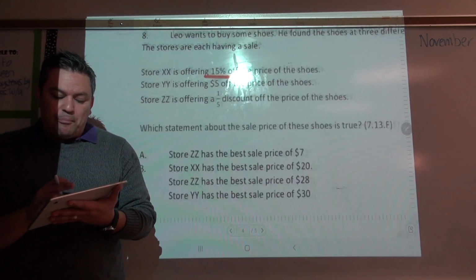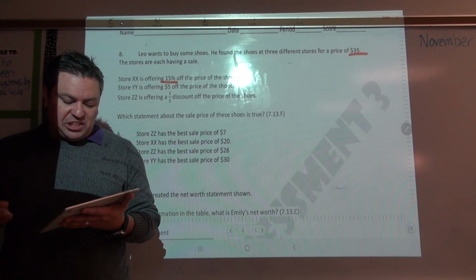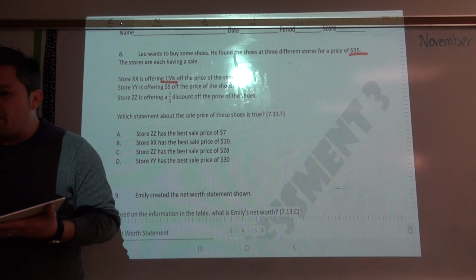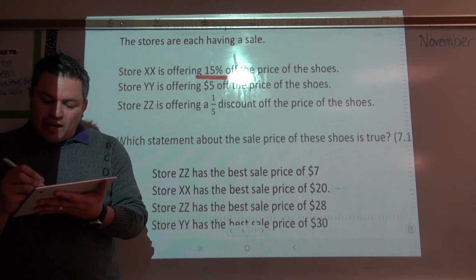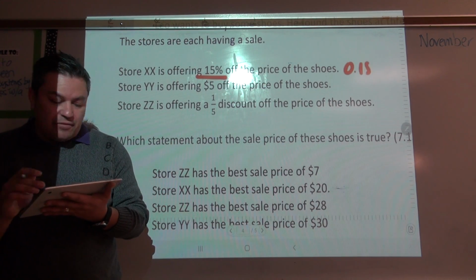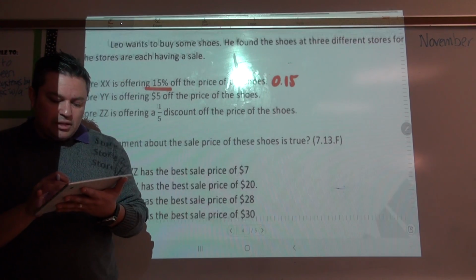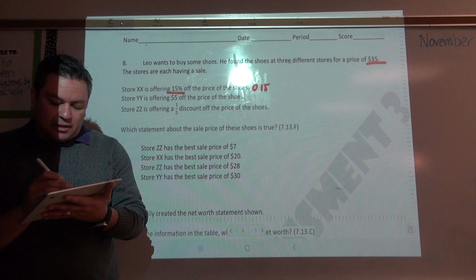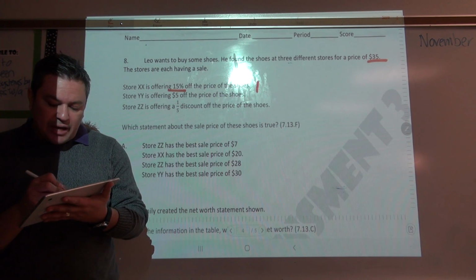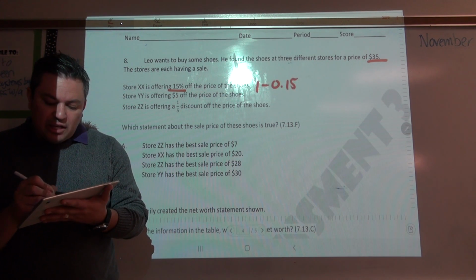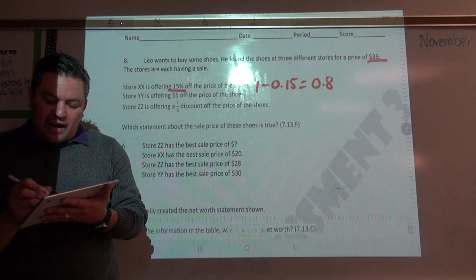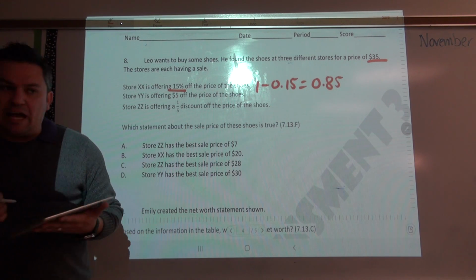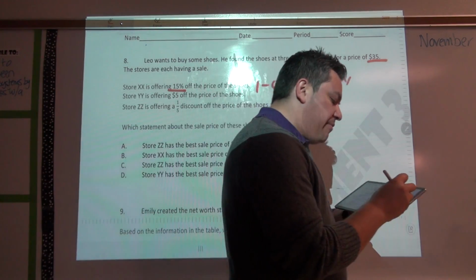Okay? Step 1 for markdown, convert percent into a decimal. So this is going to be 0.15. Step 2, subtract from 1. So 1 minus 0.15 gives you 0.85. And step 3, multiply by the original.